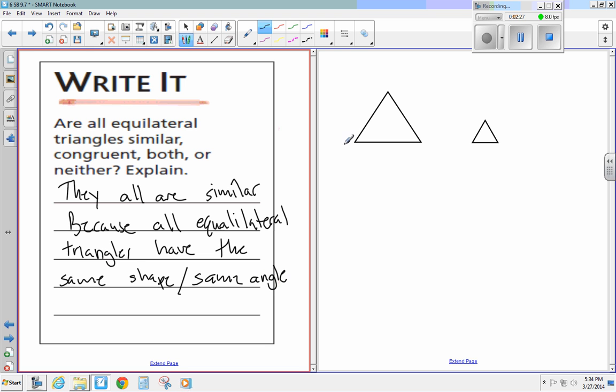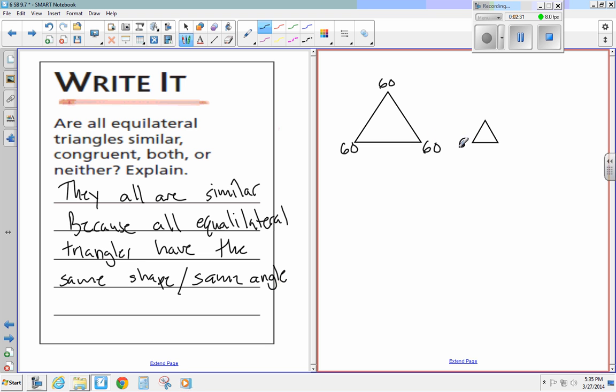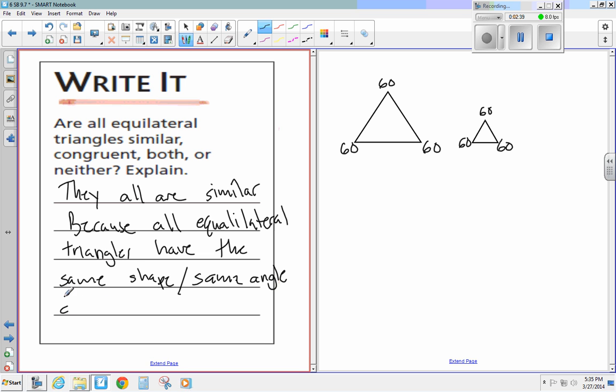All equilateral triangles are 60, 60, 60. The only thing that's different is the size. So everything's the same about them, except size.